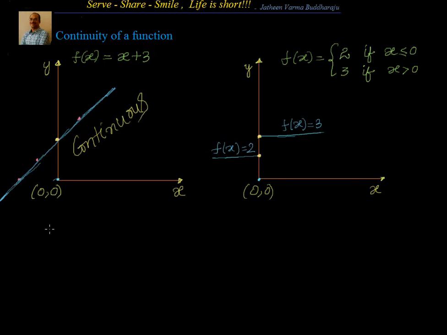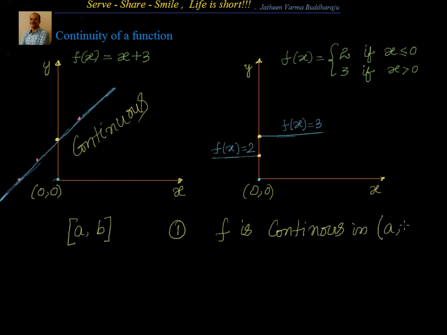A function is said to be continuous on a closed interval a comma b, including the boundaries, if, first condition, f is continuous in the open interval a comma b. That means other than a and b, at all points it is continuous.